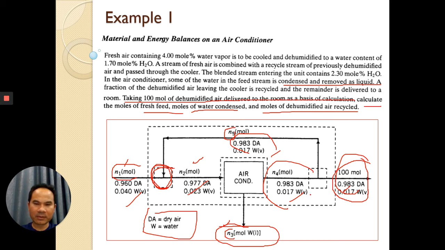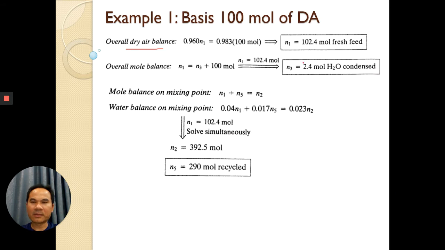We have one input and one output; there is no air in this stream. Dry air output is 0.983 mole dry air per mole total, multiplied by 100 mole total, we get mole dry air. We can solve for N1, the mole of fresh feed.